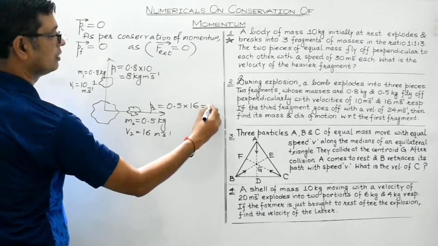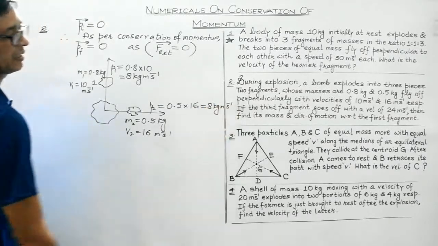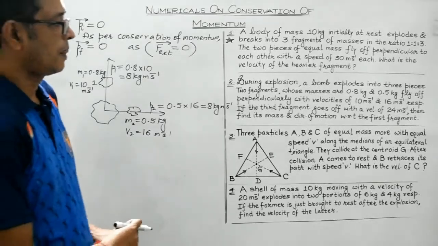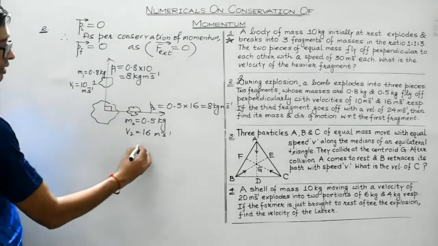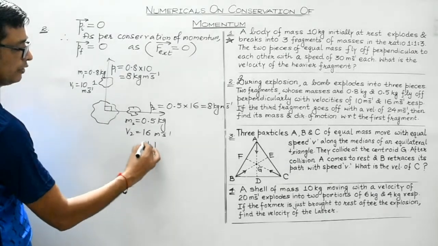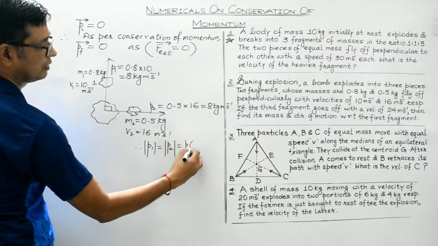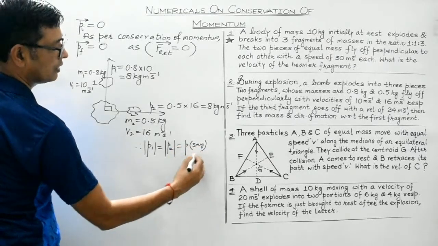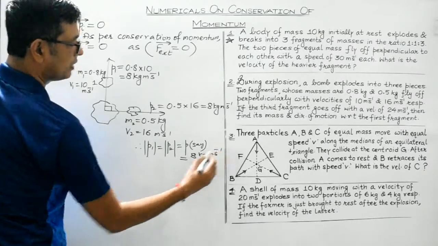So it will be 8 kg meter per second. Right students? And what's the angle between these two? It's 90 degree. Therefore, the magnitude of P1 is equal to magnitude of P2, this is equal to P, say, and it is equal to 8 kg meter per second.